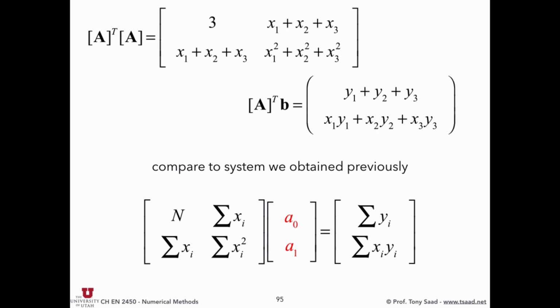Let me show you. So our Y model, you got a0 plus a1 x. And we have (x1, y1), (x2, y2), up to (xn, yn), a total of n observations. I want to apply this model to each and every observation, just like we did with polynomial interpolation.